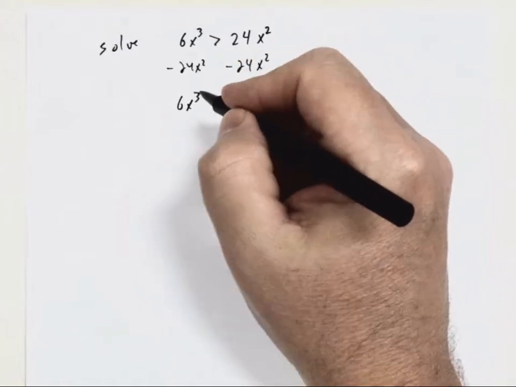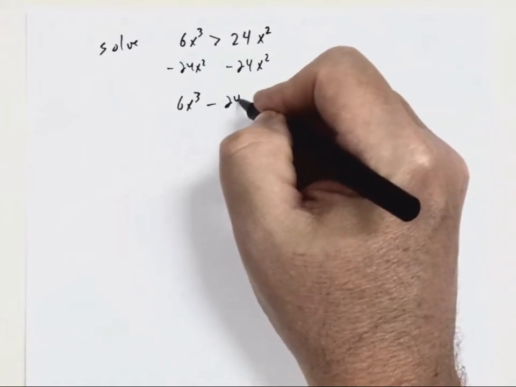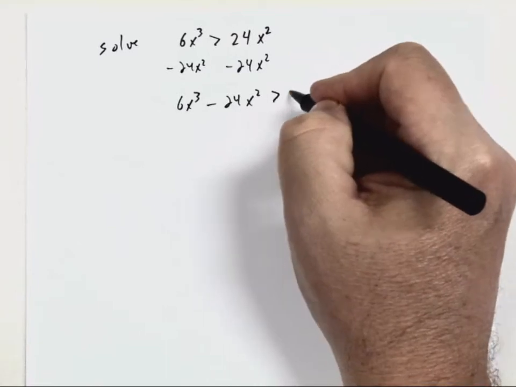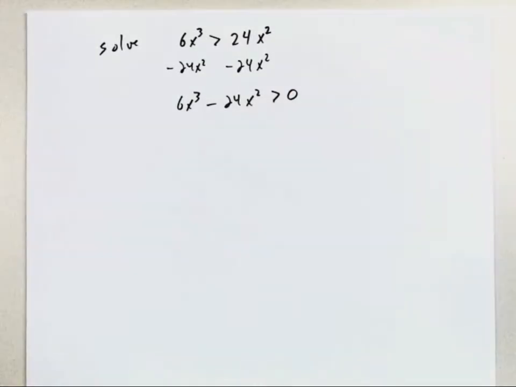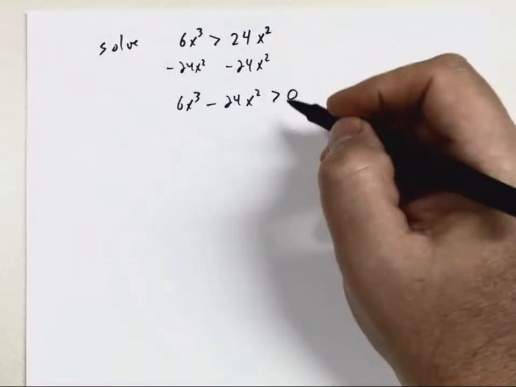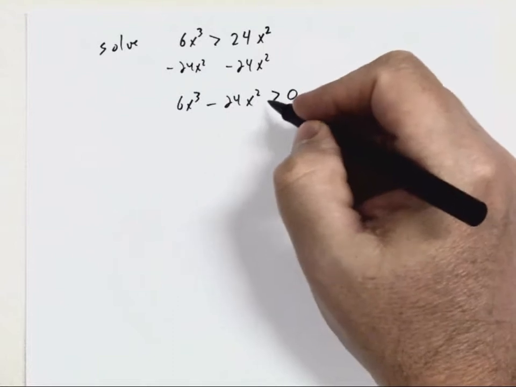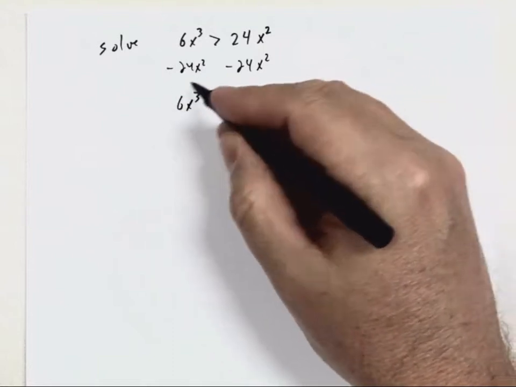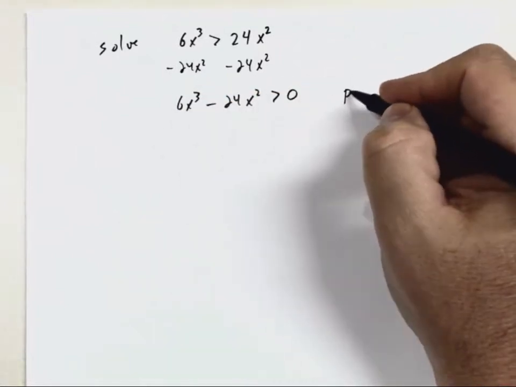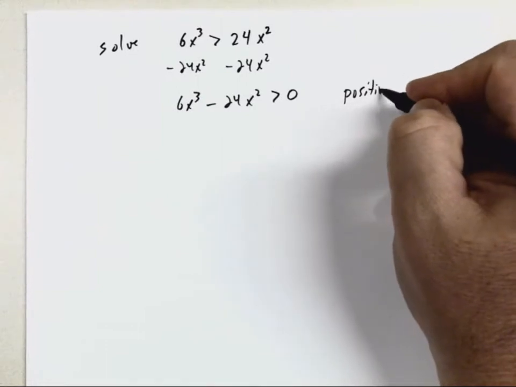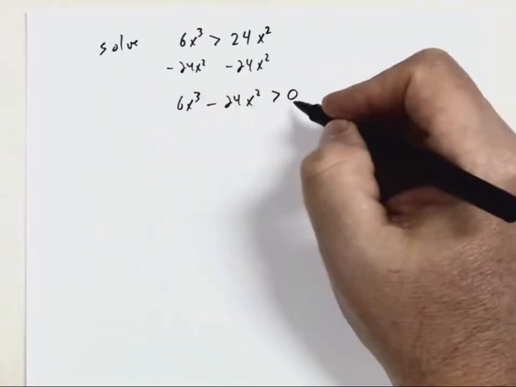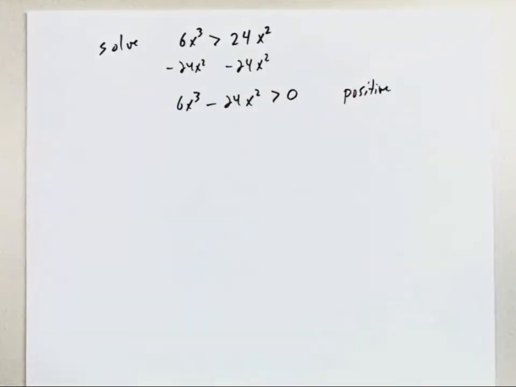So 6x cubed minus 24x squared is greater than 0. So I know, ultimately, I'm looking for all the values of x that will cause this expression to be positive, right? My solution is, when is this going to be greater than 0? When is it going to be positive?